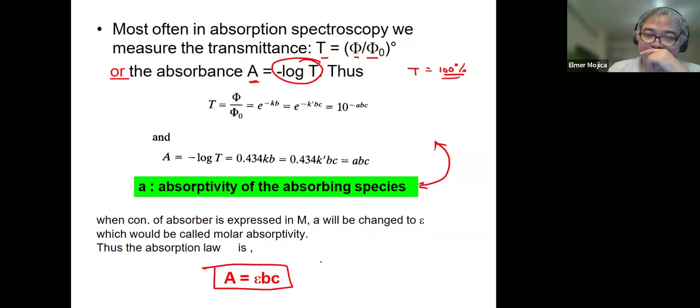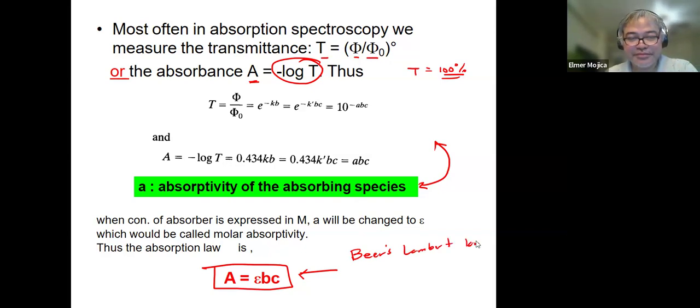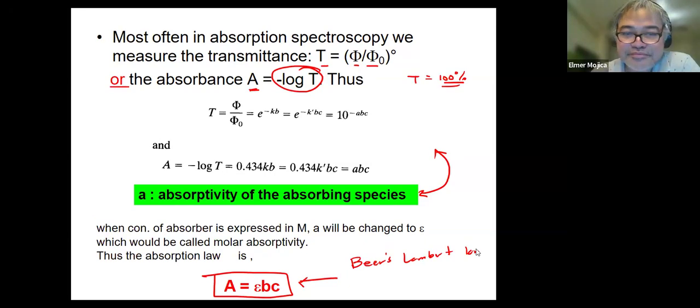Anyone? It used to be called the absorbance law, right? But now we call it Beer's law, also known as the Beer-Lambert law.